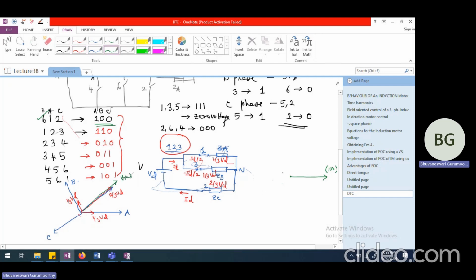Just like how I have drawn 100 here, almost 60 degrees away, I should be drawing the next vector, which corresponds to 110. The same way I should be able to draw all the 6 vectors which correspond to different switch positions, like this.